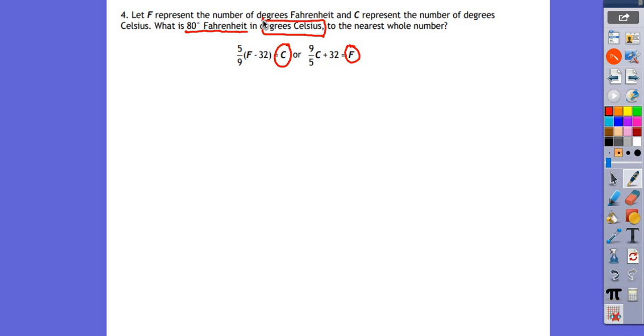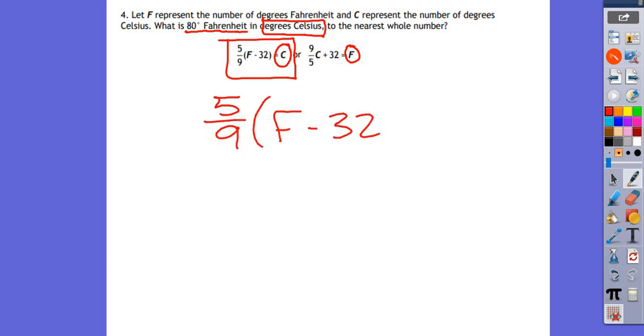So what do I want my final answer to be in? Celsius. So which one of these formulas is going to have a final answer in Celsius? I'm guessing the first one. So I need to use the first formula for this problem because they gave me a Fahrenheit.